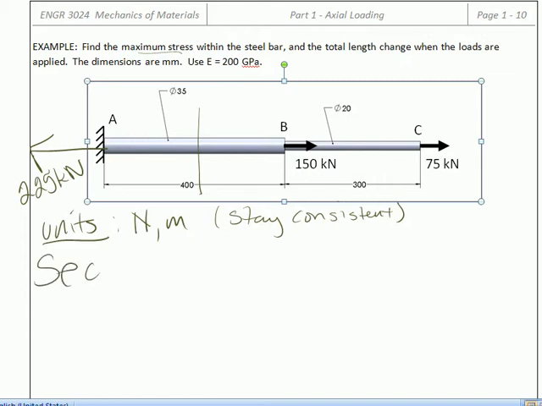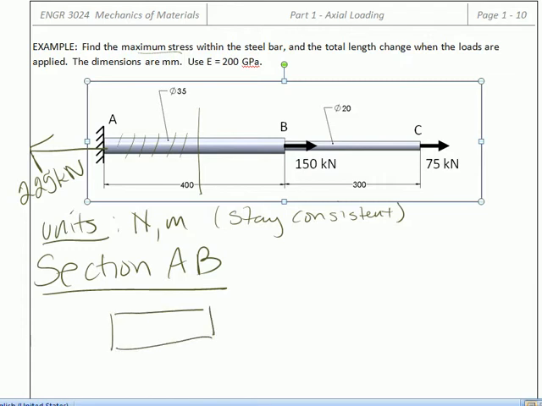So for section AB, a free body diagram of the part to the left of the cut. We know we have the reaction force of 225,000, and we have an unknown internal force we call P sub AB.